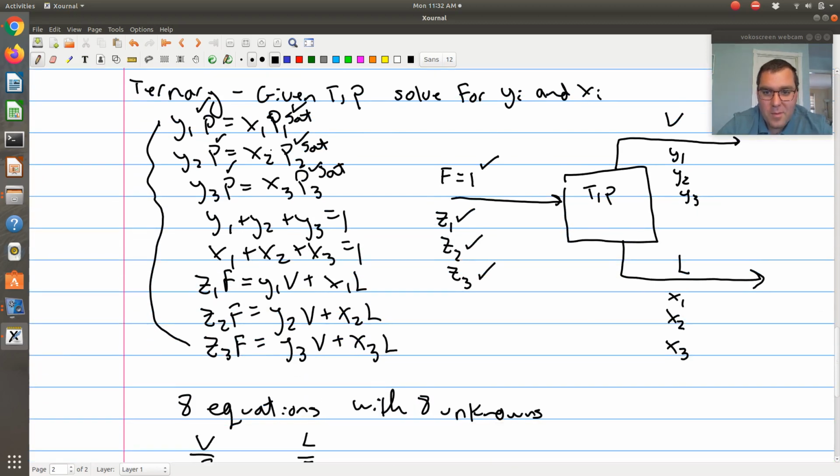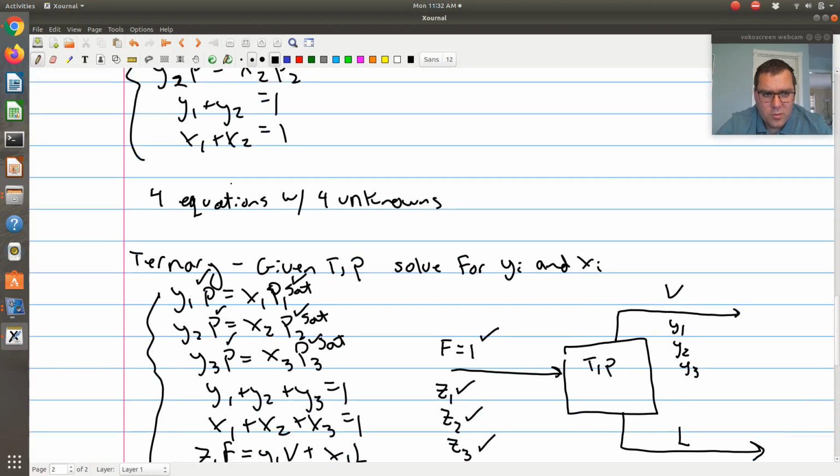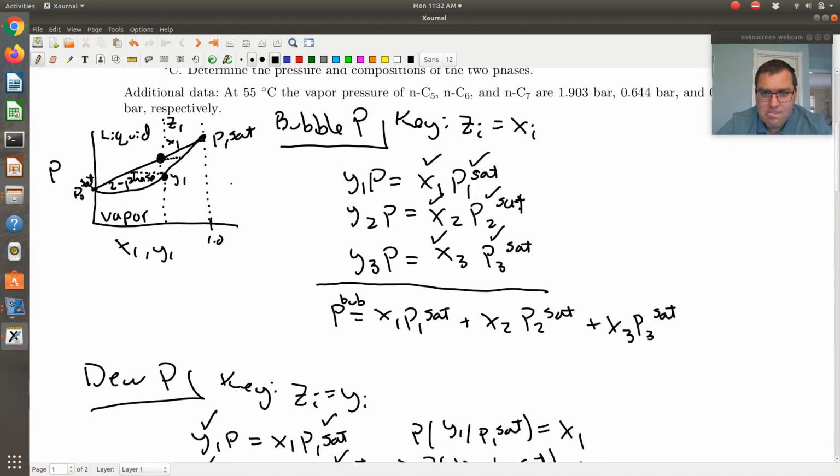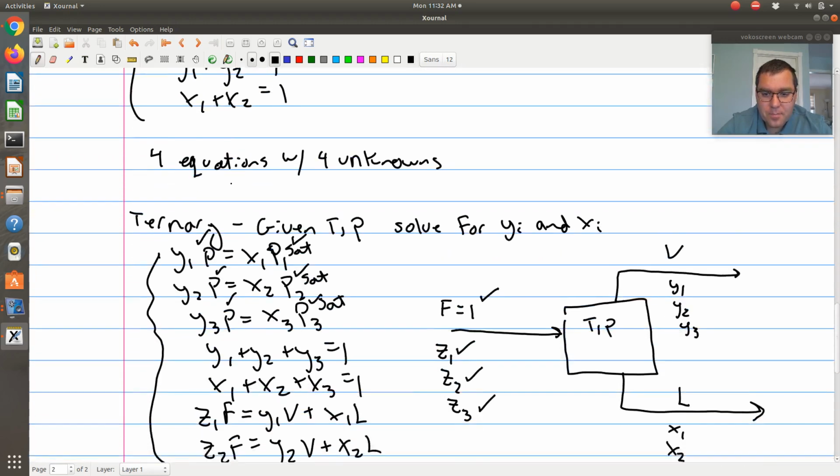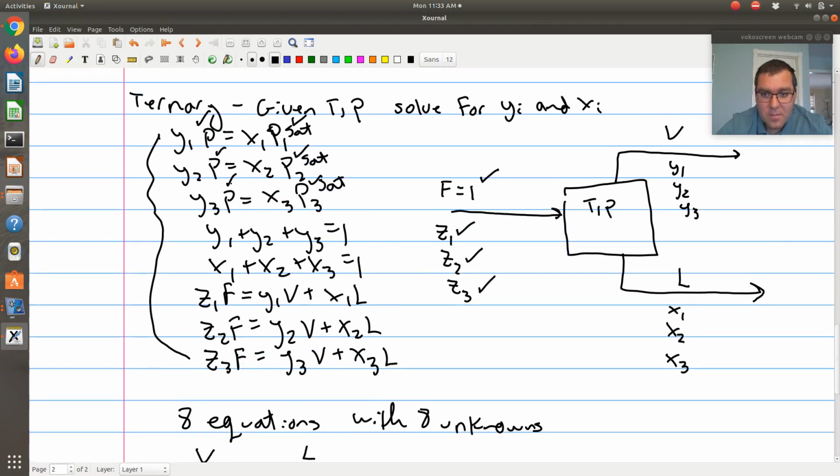But now you don't know P, but you know that V is equal to 0.75. So you're going to solve for P along with L, which is 0.25, and your compositions of each phase.